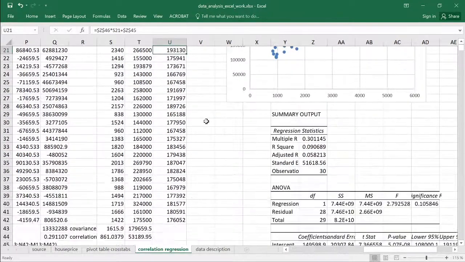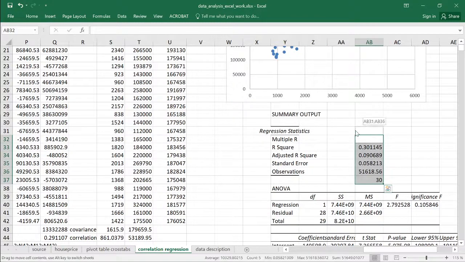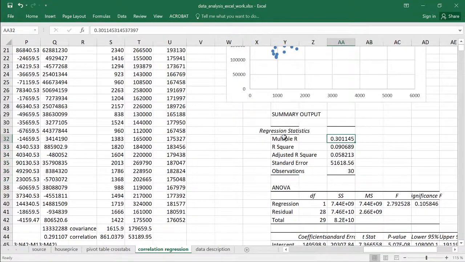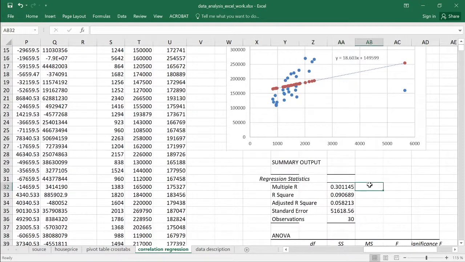Now, these results that we find in here, let me explain them one after the other. The first is the multiple R. Now, the multiple R is the correlation between the sales price observed and the fitted values.